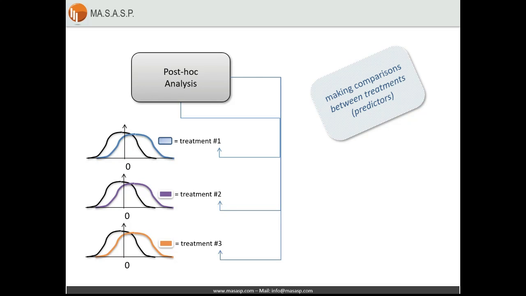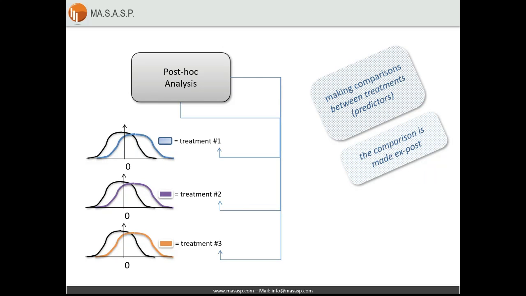After the experiment responses are collected, they start an exploratory analysis, reviewing the collected data to figure out whether one predictor is better than the others, or grouping predictors. That is called post-hoc analysis.